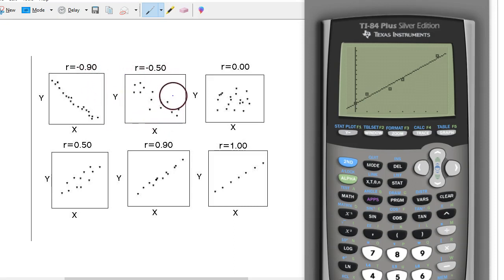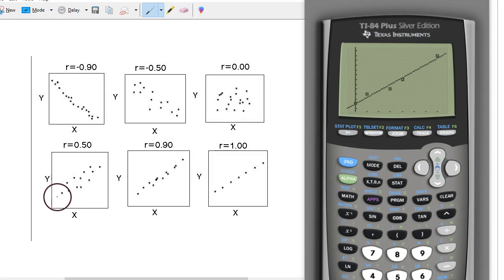In the middle picture, if you were to draw a best fit line, you would again have a diagonal line coming through, but the dots are much farther away from that diagonal line. The value of R is -0.5. This shows a moderate or weak negative correlation. In the top right picture, the dots are so scattered that you can't really find a best fit line to go through them.